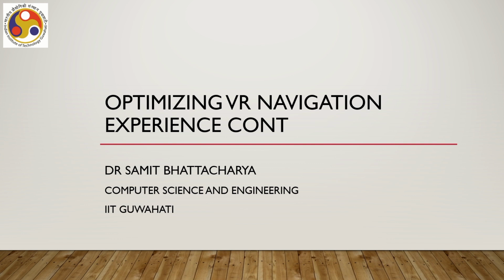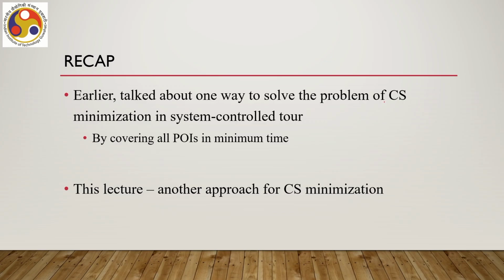We are going to continue our discussion on VR navigation experience optimization, which we started earlier. So, earlier we talked about one way to address the problem of minimization of the possibility of CS or cyber sickness in a system controlled virtual tour.